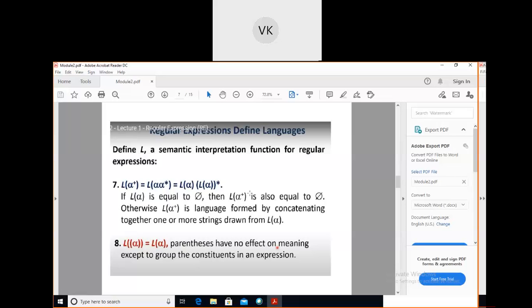Star means it may appear zero times also, or any number of times. Just see the difference between star and plus.